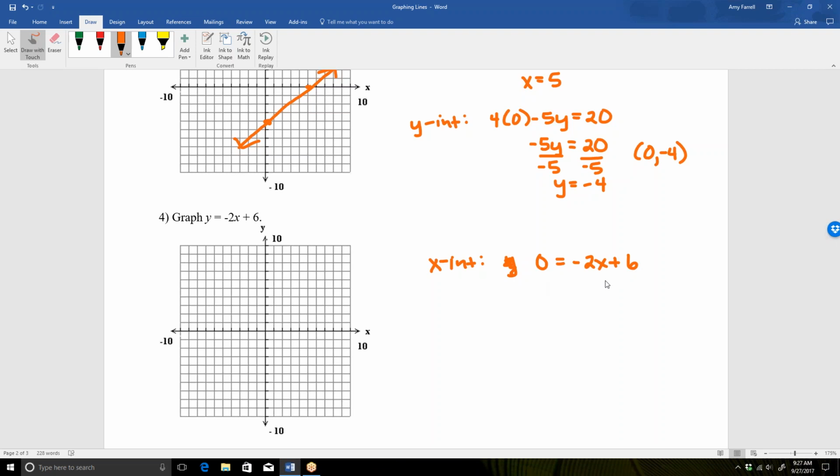And then to solve, I'll subtract 6 from both sides of the equation. Then I'll divide both sides by -2. And I get 3 equals x, or x equals 3. So it looks like my x-intercept is (3, 0).